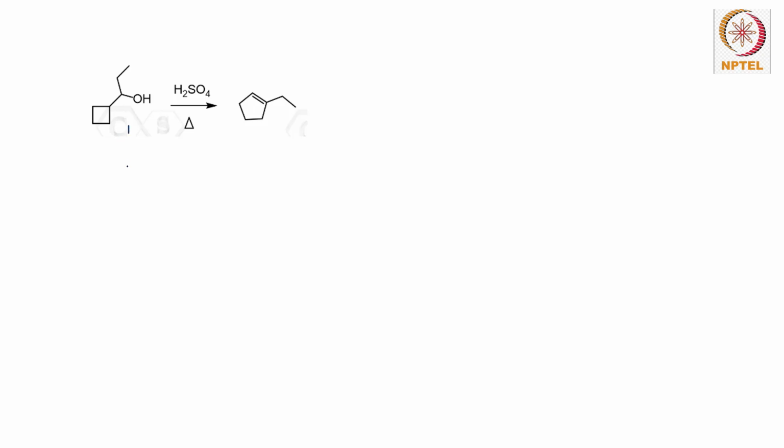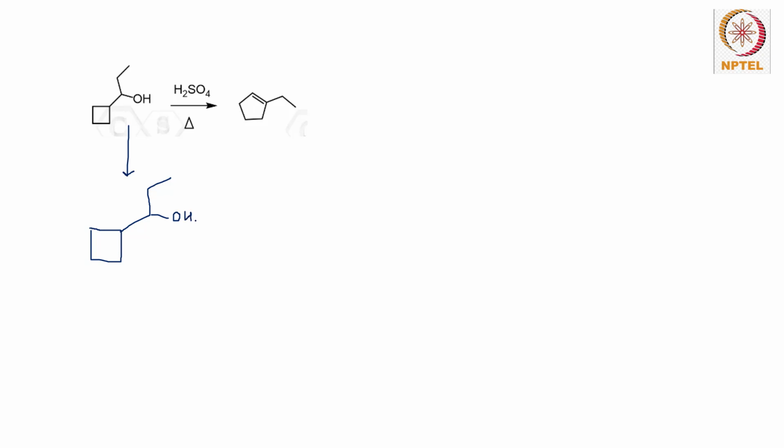The more stable this carbocation is, the faster this reaction will be, and if the slow step is faster, the rate of the reaction will be higher. So as the stability of the carbocation increases, the rate of the reaction increases.